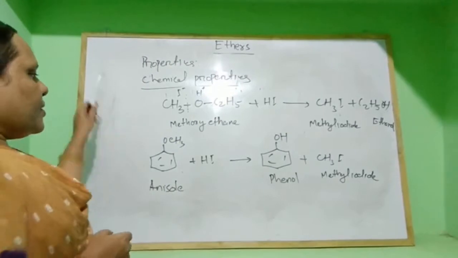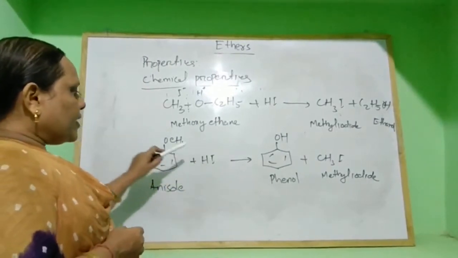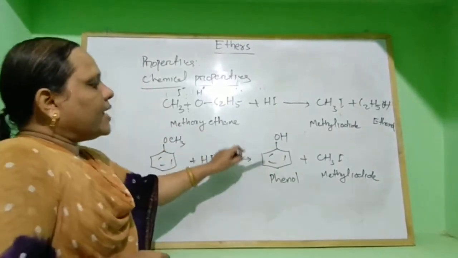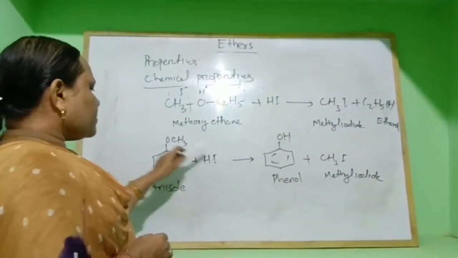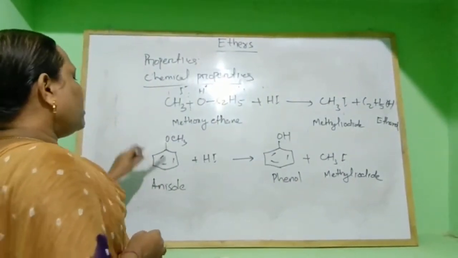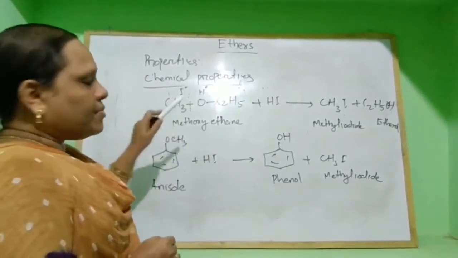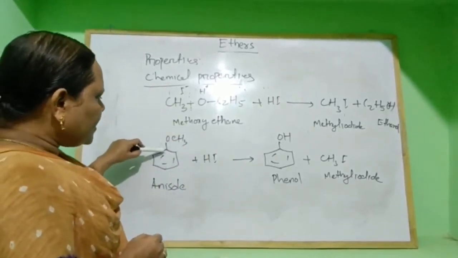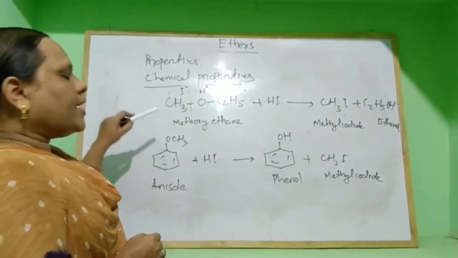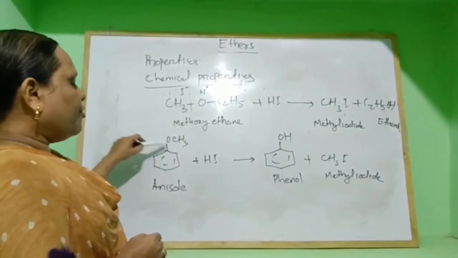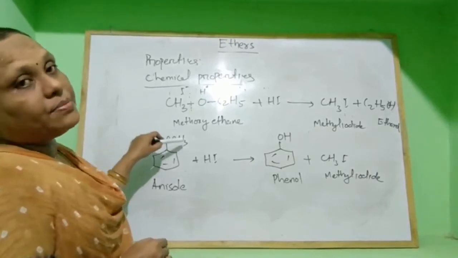So here HI reacts to form phenol and methyl iodide. Here I minus does not form phenyl iodide because this C-O bond has some double bond character and it is difficult to break as it has higher bond energy.